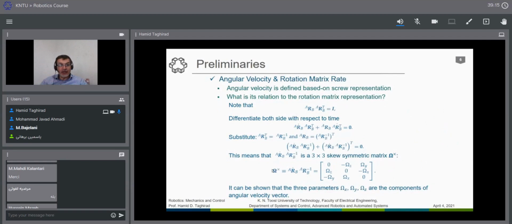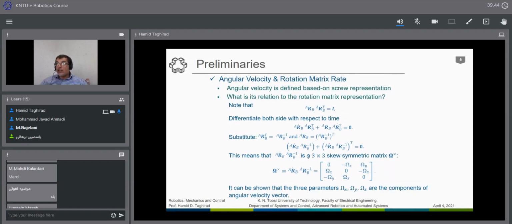We have an omega x with an upper bar because the cross vector multiplication can be represented as a matrix manipulation with this. I will go through that in a few slides. But this omega x also has one other meaning that I will give you in a few minutes.